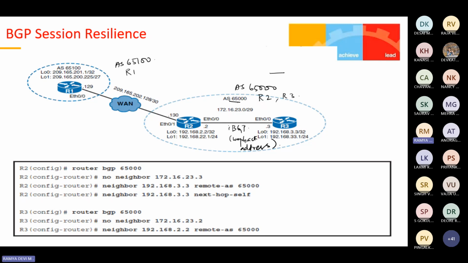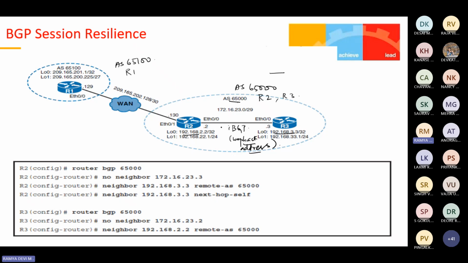In order to avoid that, we'll go for loopback addresses. We'll use the address 192.168.2.2 on this router, and on the other router we'll use 192.168.3.3. This gives you the resilience. The session will stay up as long as there is any valid path between these two routers. So IBGP becomes more stable and fault tolerant.